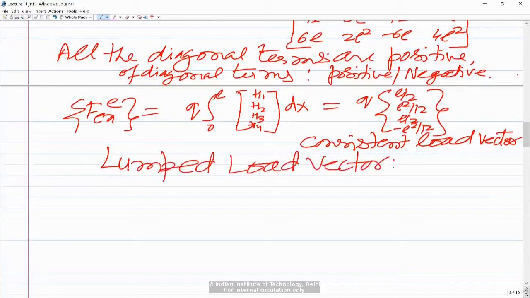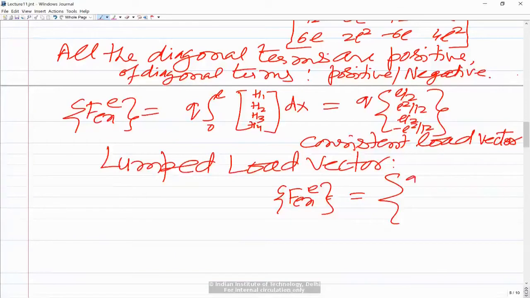For the lumped load vector, we are already taking the load q constant within each element. So the total transverse load would be small q into L, and you can equally divide that between the first and second node. So the load would go with the displacement.